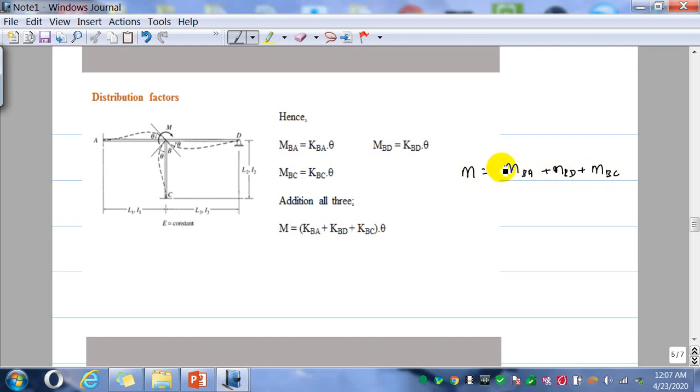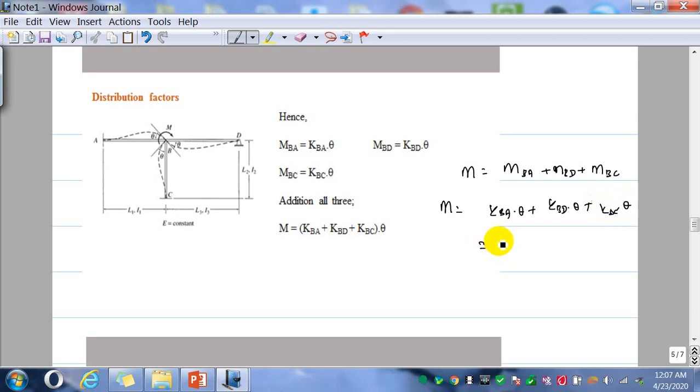So if I substitute these, M is equal to K_BA into theta, K_BD into theta, K_BC into theta.